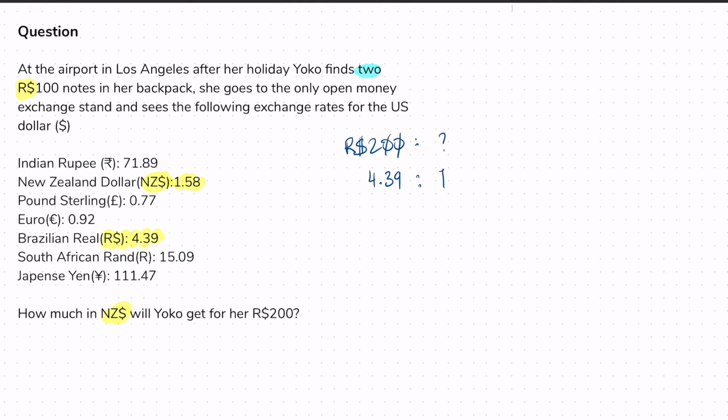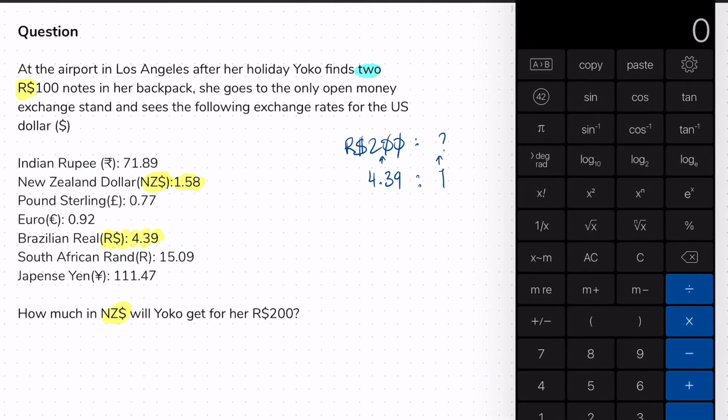So, what am I going to do? Well, what is the scaling from here to here? Right, because that's what I'm going to have to do for this as well. So what do I multiply 4.39 by to get to 200? Well, let's do it over here. 200 divided by 4.39. We're going to do the opposite to find it.